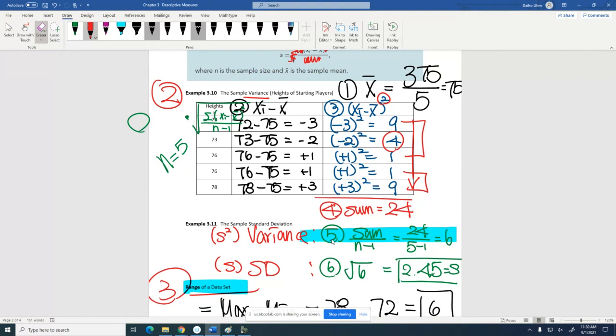If I have a 9 for the variance, how much would be the standard deviation? 3. 16, 4. 36, 6. 81, 9. What I want to say is, if I have a bigger variance, I will have a bigger standard deviation. Smaller variance, take the square root of it, the standard deviation will be smaller.